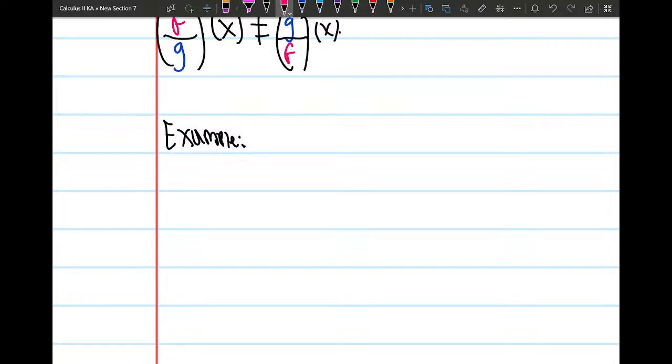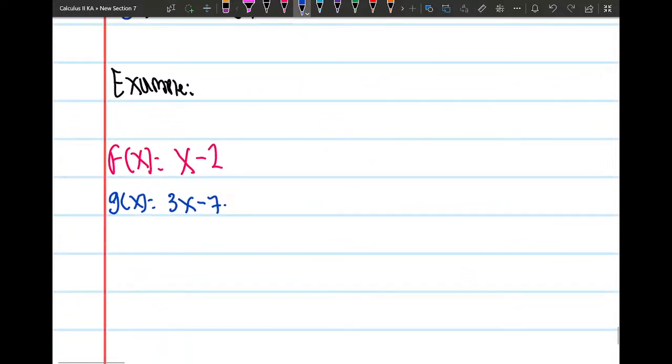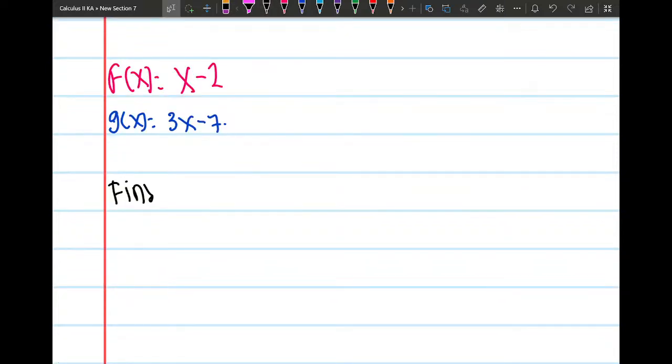I want to say, for example, f of x is equal to x minus 2, and g of x is equal to 3x minus 7. And so I say find the following.